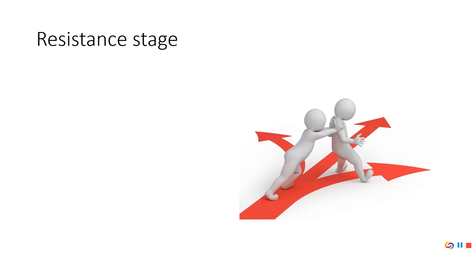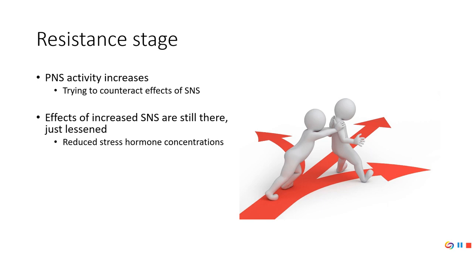Then we've got the resistance stage. And so this kicks in after the stress has been around for a little while. And so what's happening is your parasympathetic nervous system is being activated to try and balance out the increase in sympathetic nervous system. Okay? You still have this increased sympathetic activity, but we're trying to minimize that. So we're trying to find that balance where you're still able to deal with this stress, but it's not causing all sorts of problems, right?